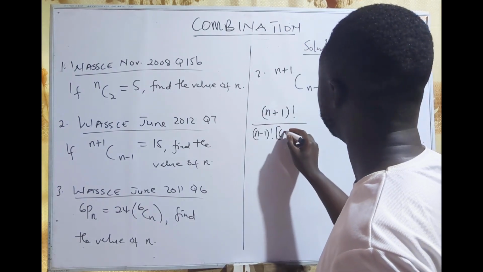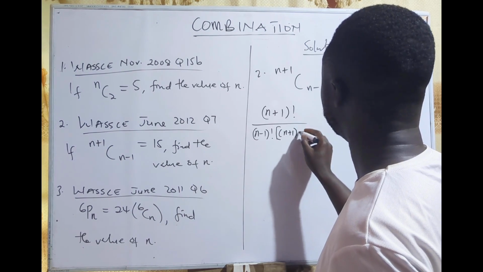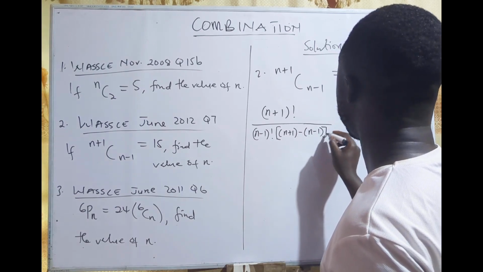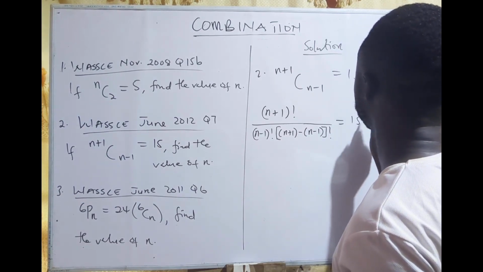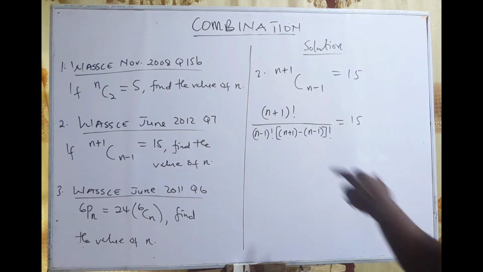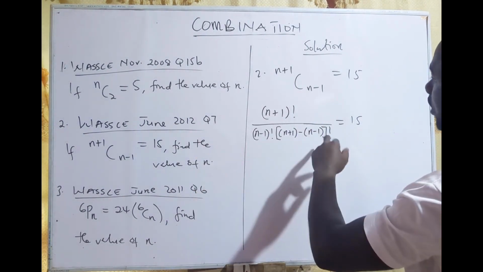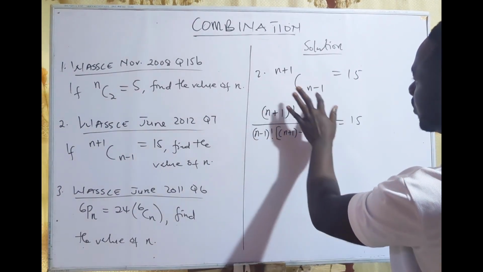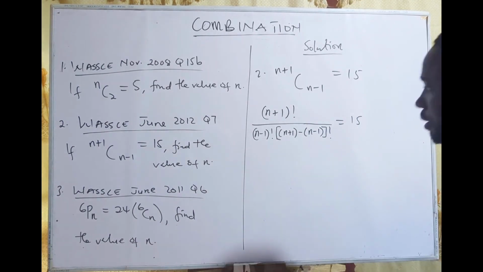So n plus 1 minus n minus 1 all factorial equal to 15. That is what we have done here.